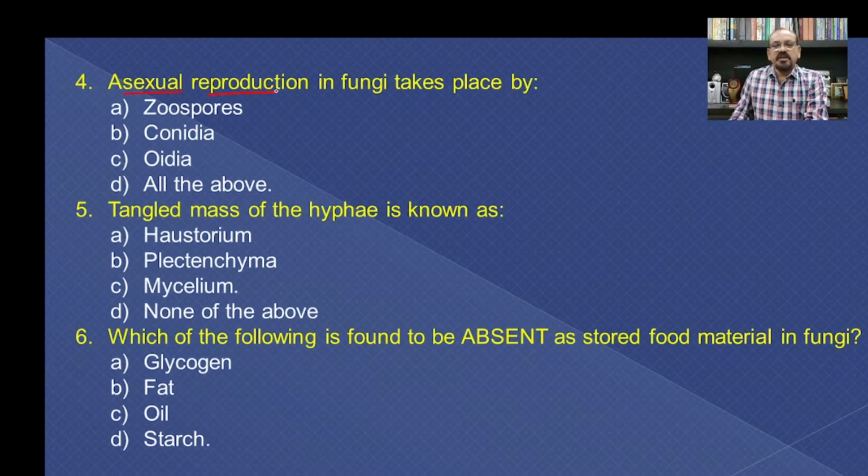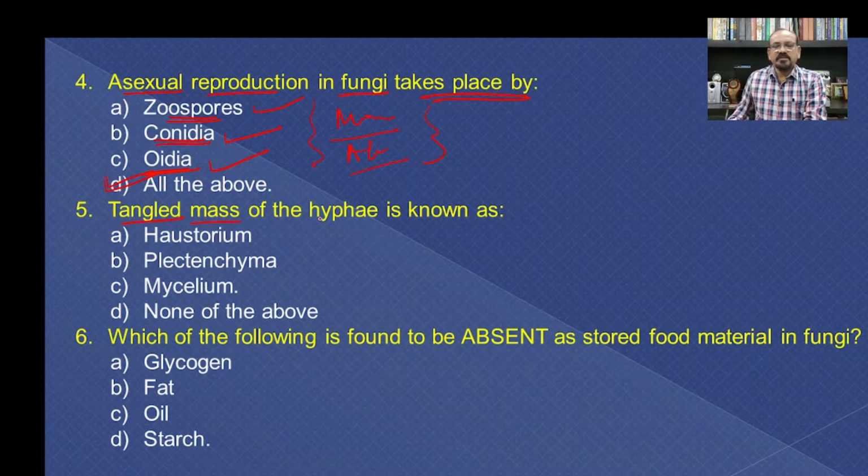Then asexual reproduction in fungi takes place by zoospores, correct, by means of conidia, correct, and again by means of oidia. If you see different fungi, such as Mucor and Albugo, you will find that such types of spores are formed by the organisms, and hence all the above become the answer for this question.